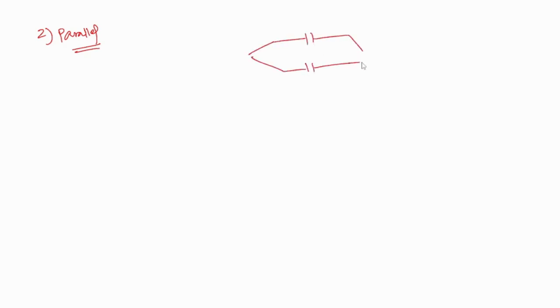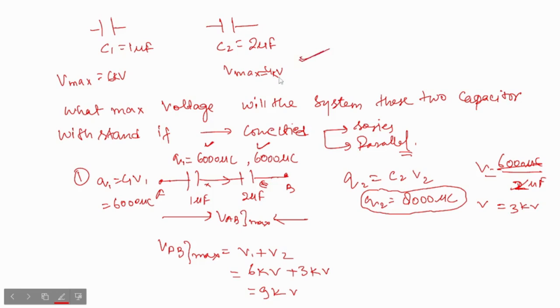Now the second case, when parallelly connected. In parallel, the potential should be the same. So C2 can withstand a maximum potential of 4 kilovolt.